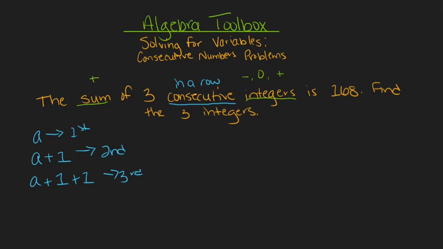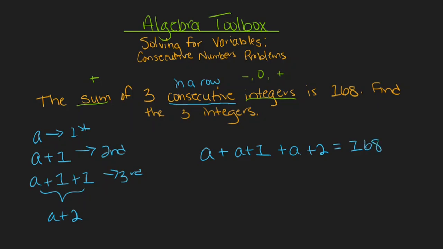Or I can simplify this to A plus 2. Now I've defined my three unknown integers using just one variable. I have A to represent the first, A plus 1 to represent the second, and A plus 2 to represent the third. So if I add these three together, I should get an answer of 168.